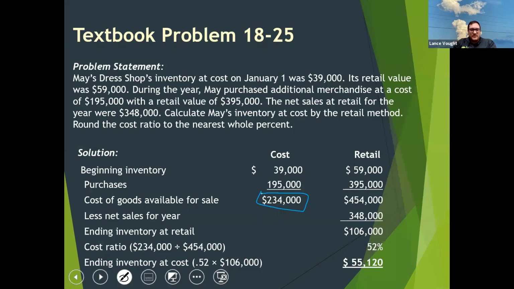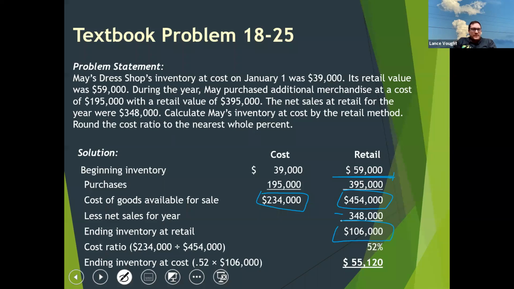If you add up the beginning inventory at retail and the retail value of the purchases, 59,000 plus 395,000, you get $454,000. The store actually sold $348,000 worth of revenue. You subtract that from the estimated sales at retail, and you're left over with $106,000.